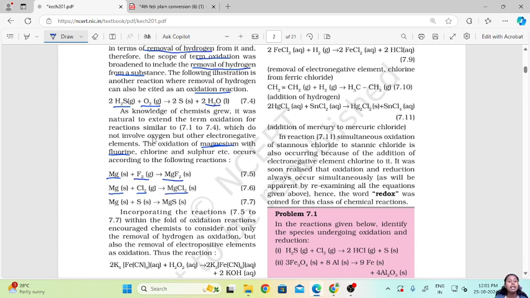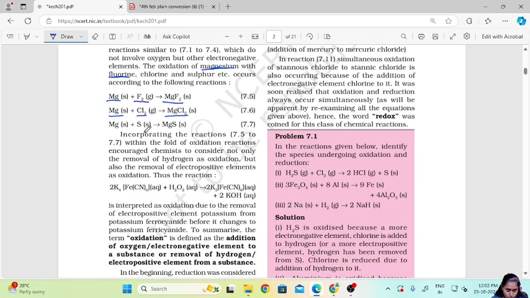So here electrons are involved. Basically, oxidation started from the addition of oxygen, broadened its horizon with removal of hydrogen, and at the end it now involves electronegative elements, where there is no reference to oxygen or hydrogen.